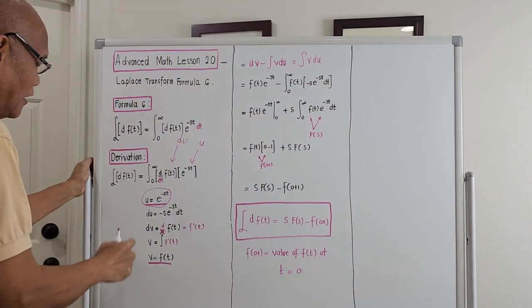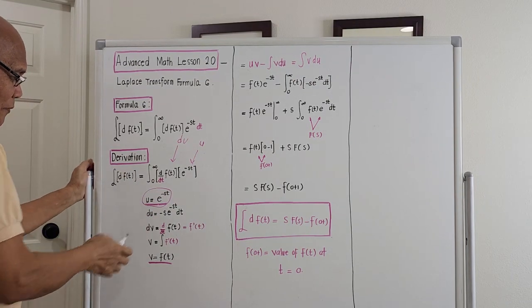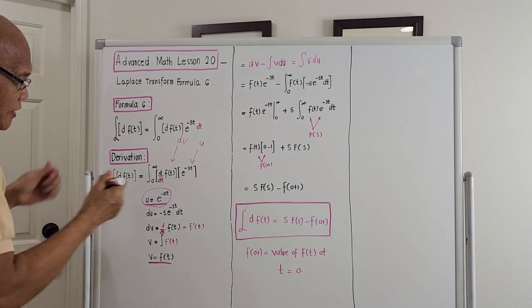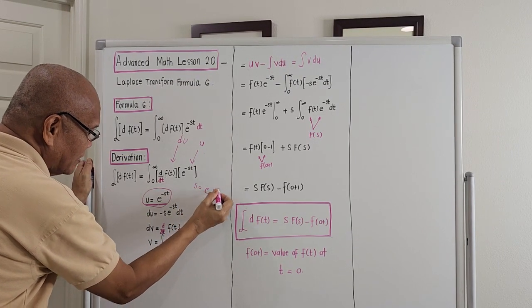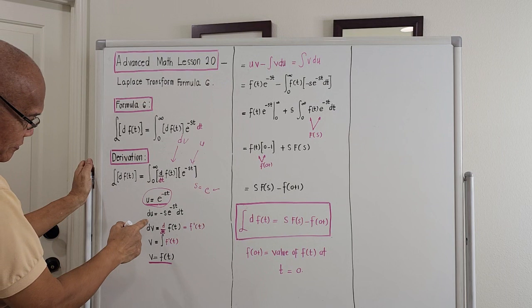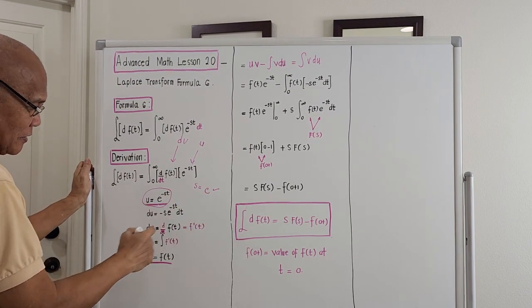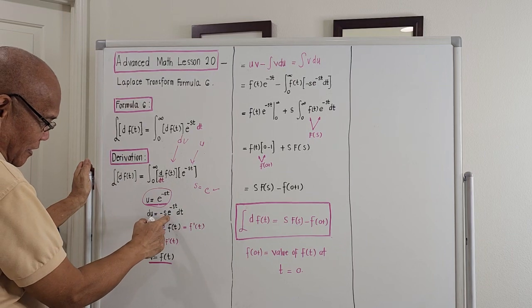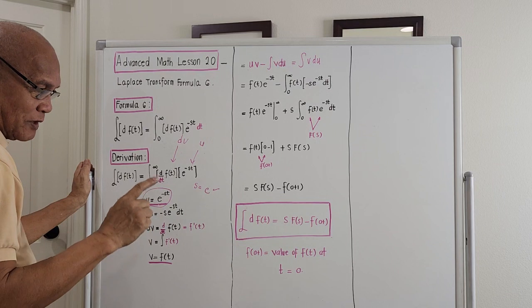Okay. If u will be e raised to negative st, du will be, s here is constant, right? It is constant. So the differential of u, we are taking differential, not derivative, will be e raised to minus st times the derivative of the exponent.